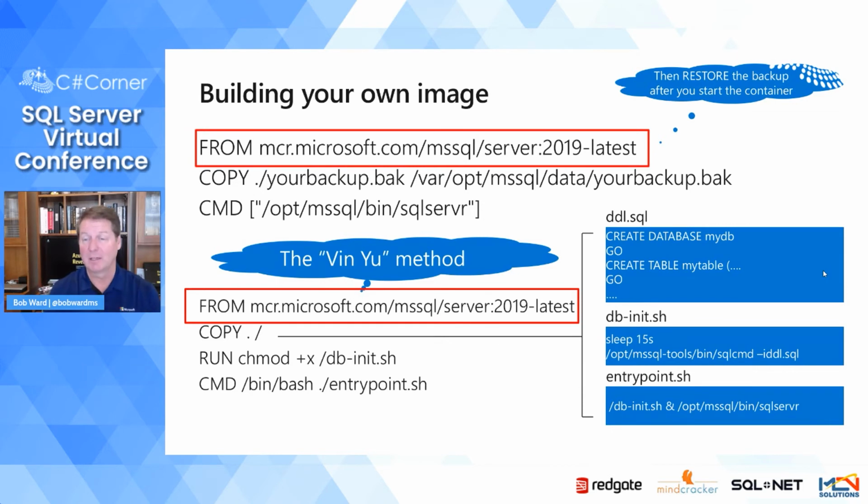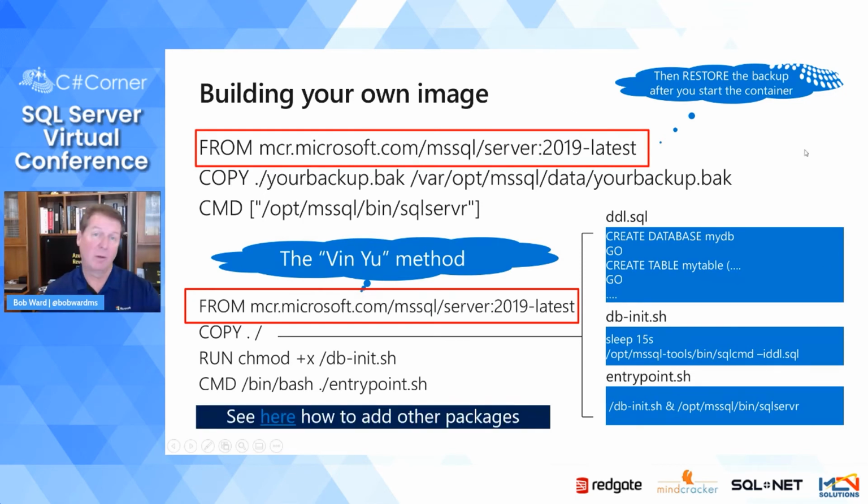You could provide them a complete shell database, for example, based on exactly the schema you wanted them to test on. And there are ways, in this same process, to add other packages that we have for SQL on Linux, like PolyBase, machine learning services, etc.